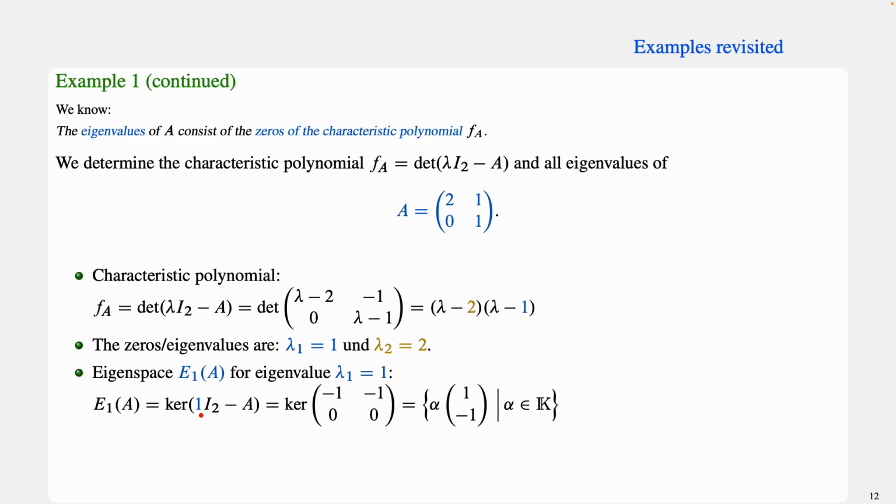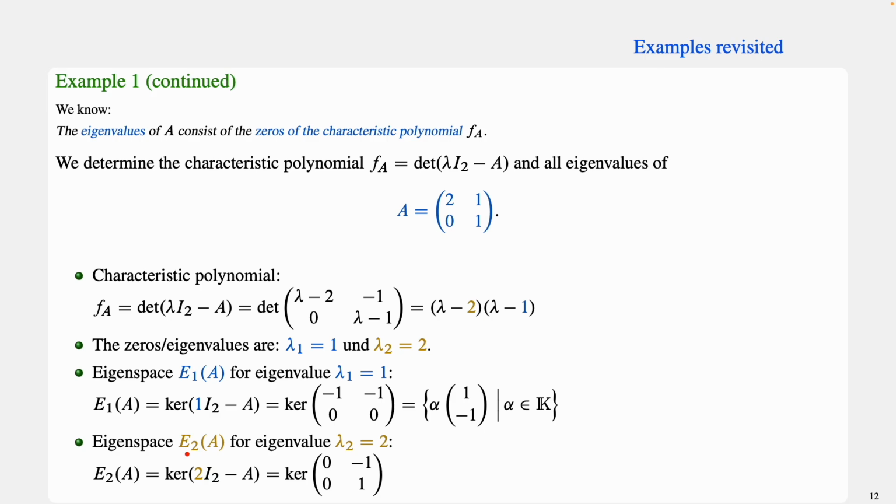So this is the kernel of this matrix, and thereby this is the eigenspace for the eigenvalue 1: all the vectors that get mapped to themselves under the matrix A. And similarly, we compute the eigenspace for the eigenvalue 2. Now we take the kernel of 2 times identity minus A, which, if we plug in 2 here, gives this matrix, and the kernel for this is the multiples of the first standard basis vector.